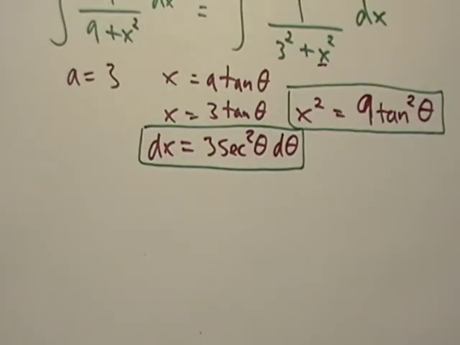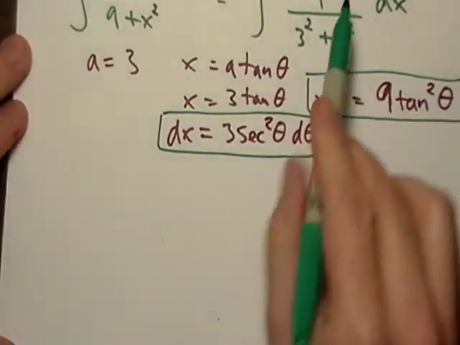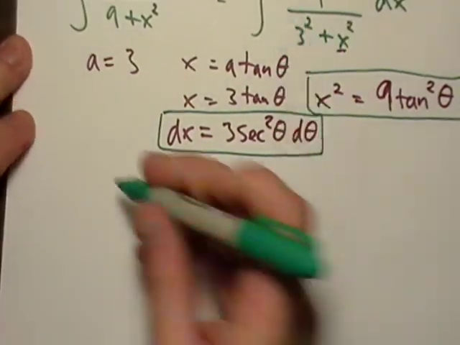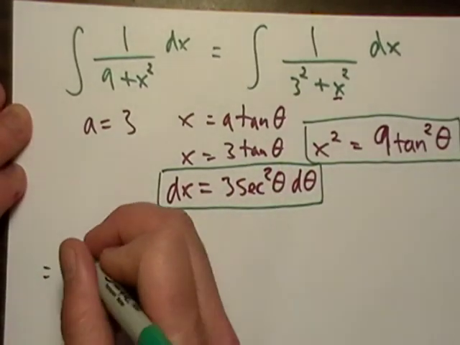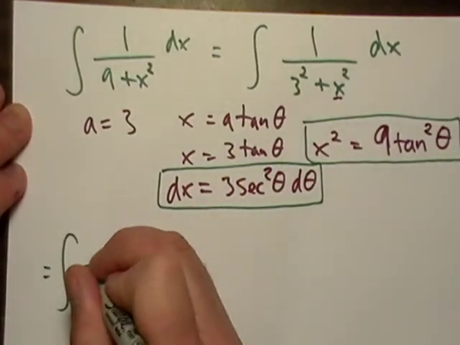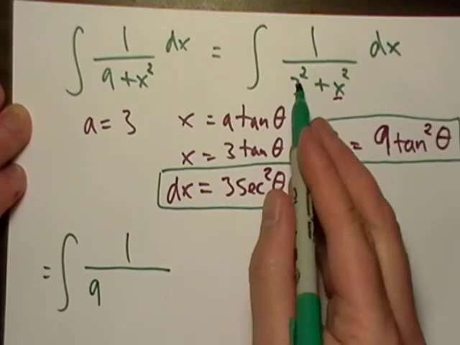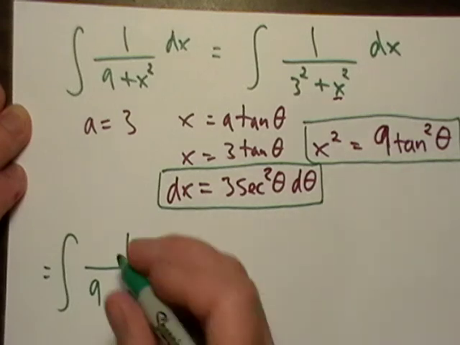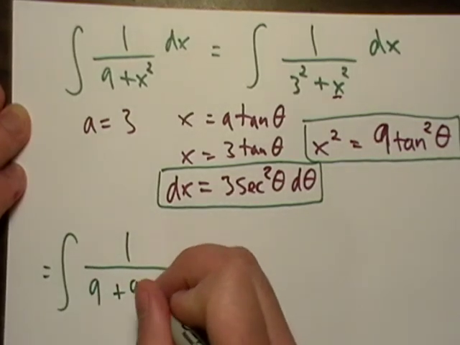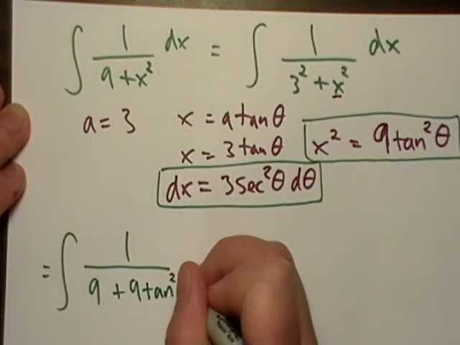So let's just bring them down and rewrite this integral down here. That is just 1 over, I'm just going to write the 3 squared as 9, and x squared, well, that's right here, so it's 9 tangent squared theta.